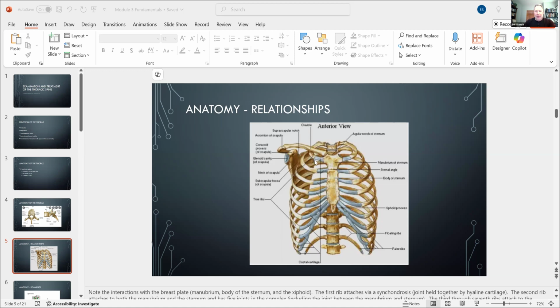And what tends to happen, and this picture doesn't do a very good job of showing this, is it tends to arc outward as we go lower in the thorax. It'll start here, probably a third of the way laterally from the manubrium toward the lateral portion of the shoulder girdle. About a third of the way across, that's about where the costochondral joint for the first rib is.